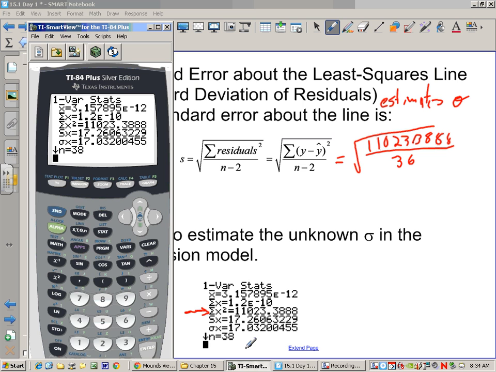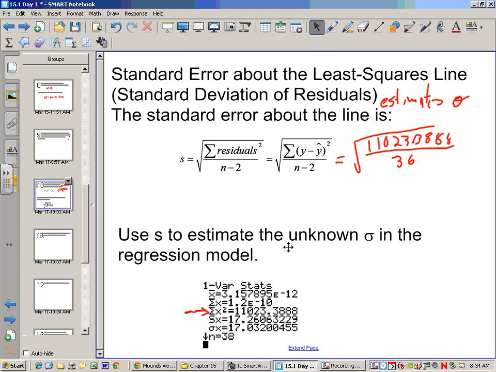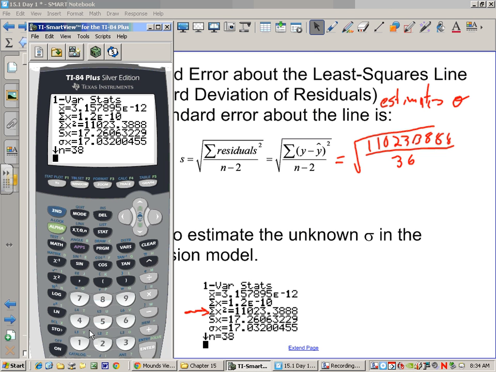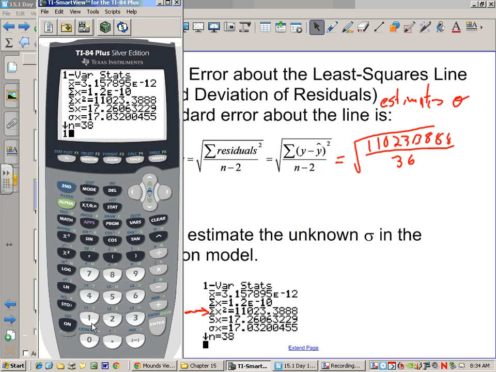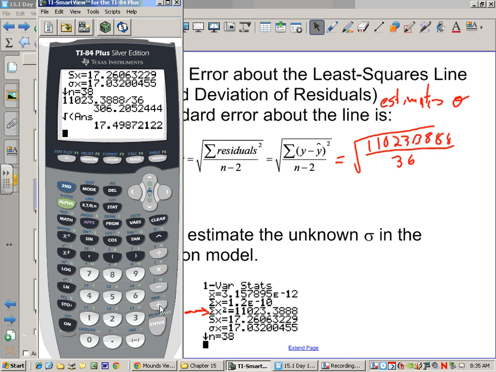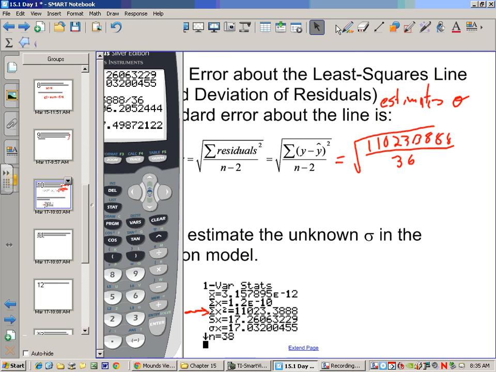So now we just take our value 11023.3888 divided by 36, and then square root that answer, and you get 17.5.